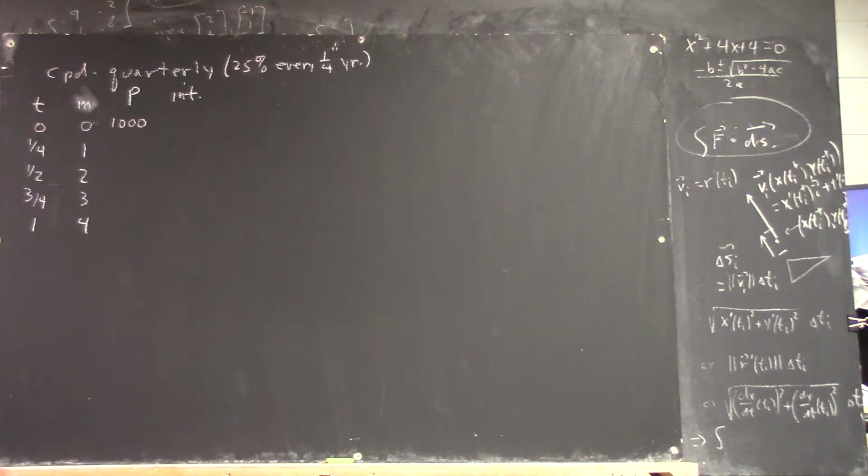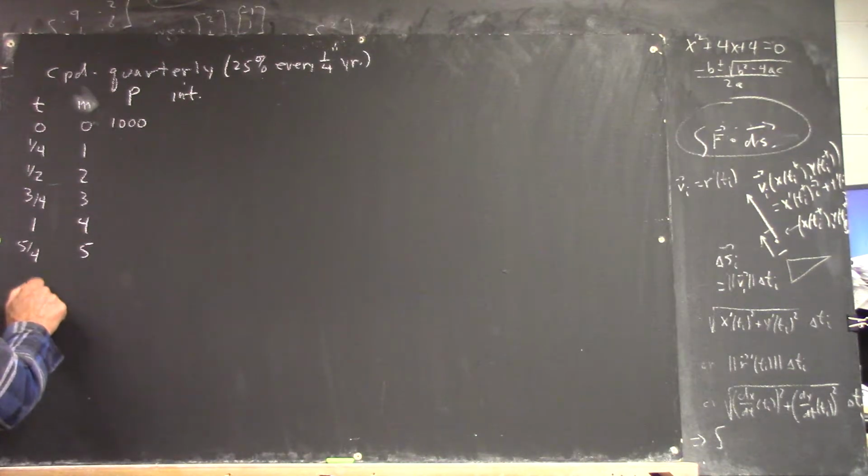I'm taking this through as I go, okay? So don't worry about M, but M increases by 1 every time. So M is the total number of times this thing has been compounded, right? In a year it'd be 4 times. And then we could continue, you know, we could go to 5/4, 5, etc. Okay?